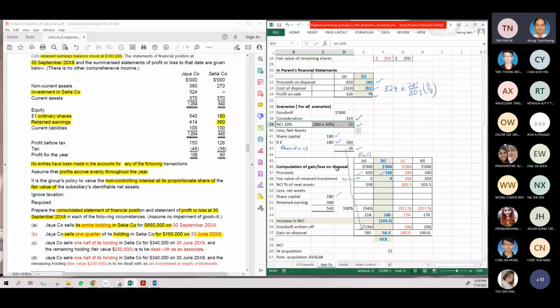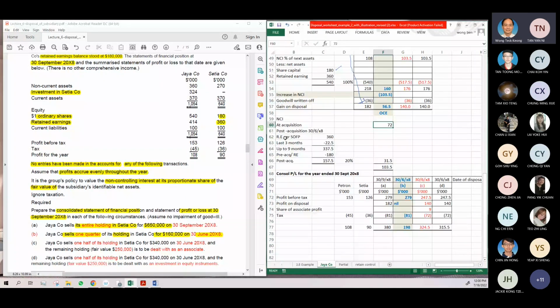Then we have retained earnings of 360 as per the SOP of the subsidiary company. Then you minus the last 3 months, because you only acquired on 30th June; 3 months, July, August, September, are excluded, to arrive at the profit up to 30th June X8. Your whole year profit is 90, so 3 over 12 is 22.5.